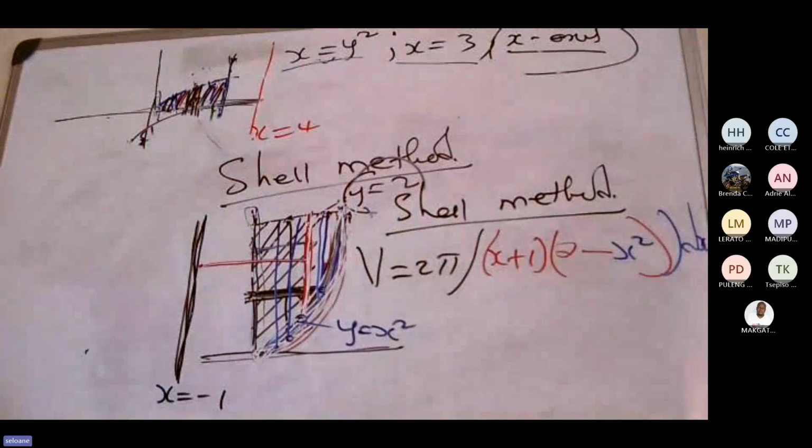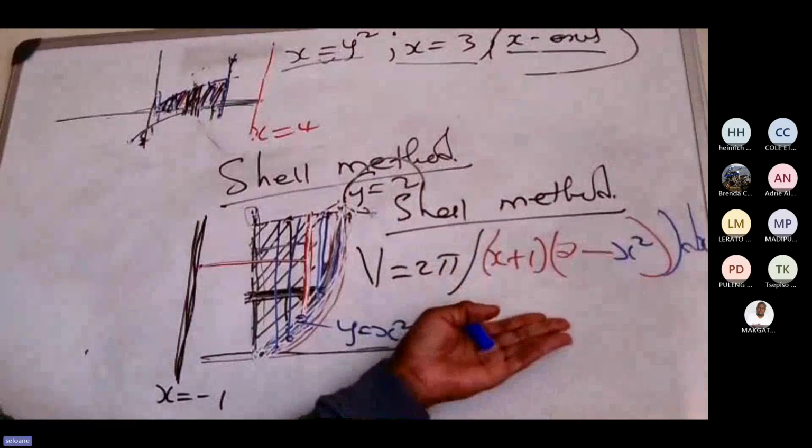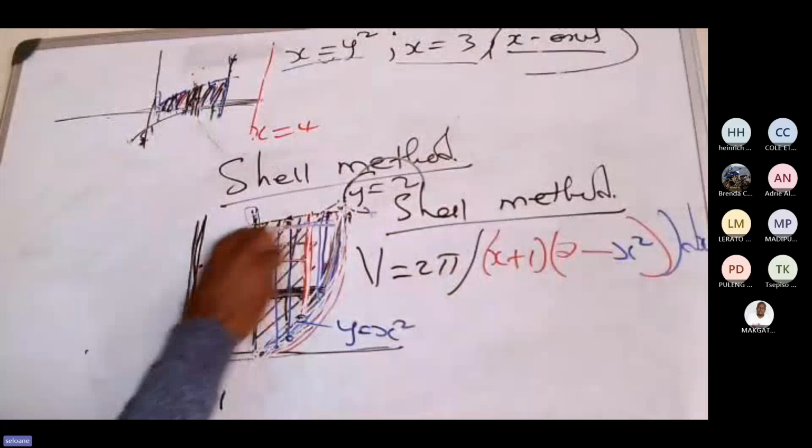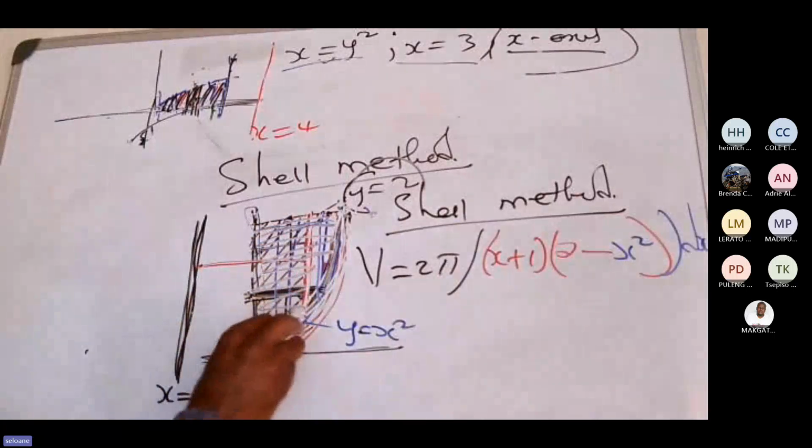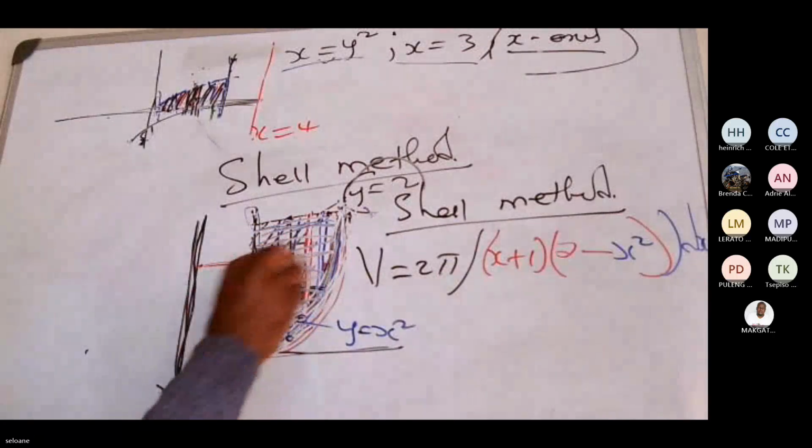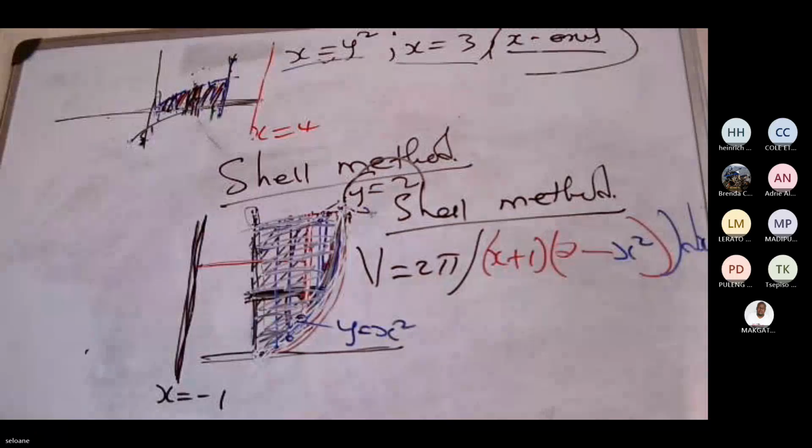Then you integrate with respect to x. From where to where? You look at the region, this region runs from where x is how much up to where x is how much.